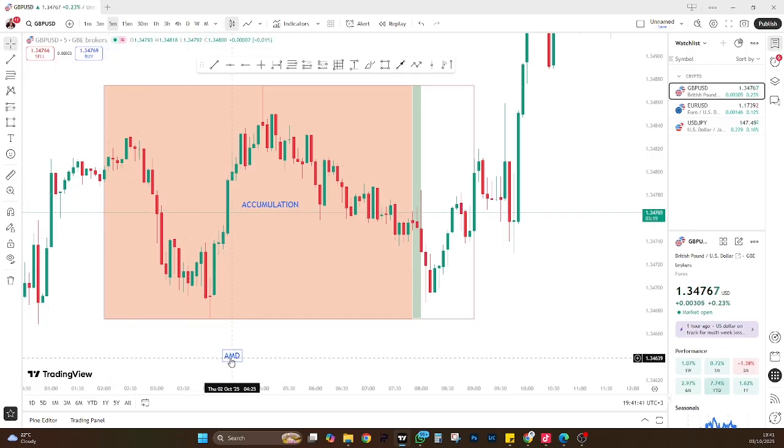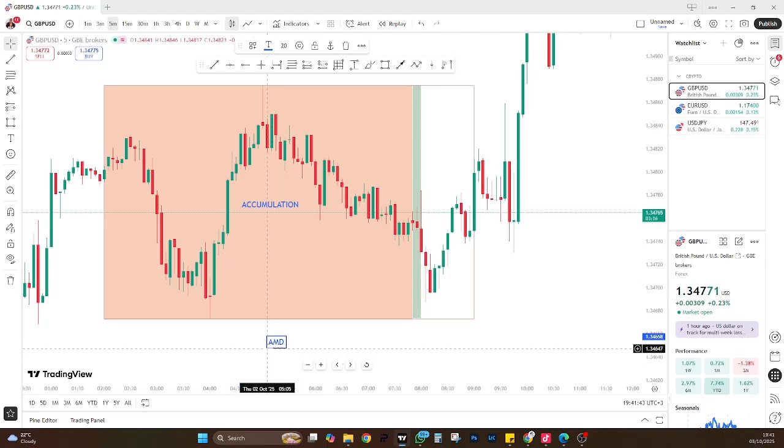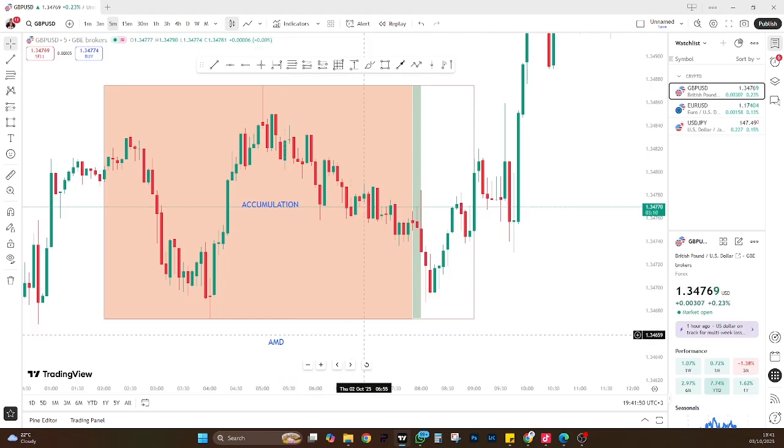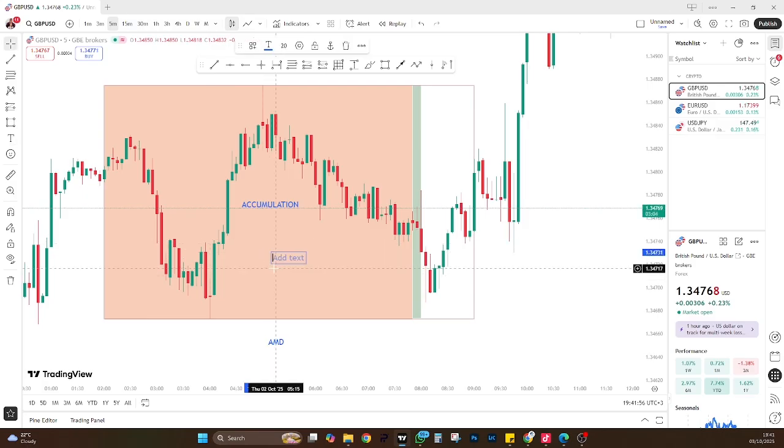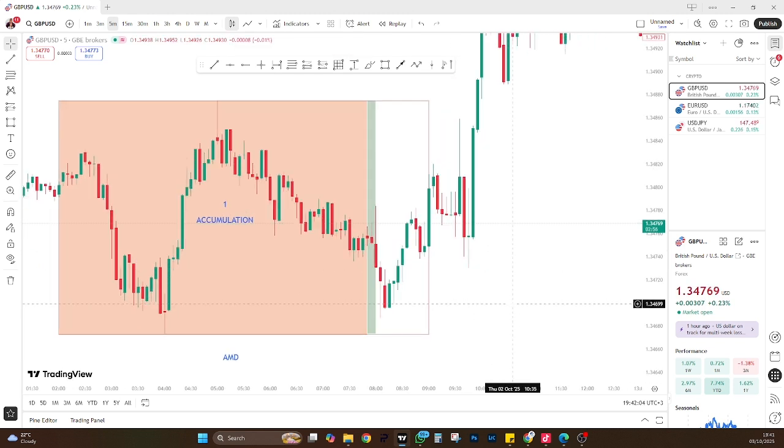I hope you still remember this. Accumulation, manipulation, and then what? Distribution. So we have seen, allow me to call all that move one in our strategy. That is one in our strategy. So that is the accumulation.